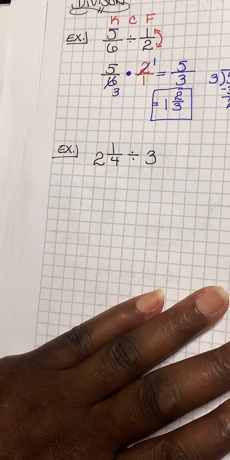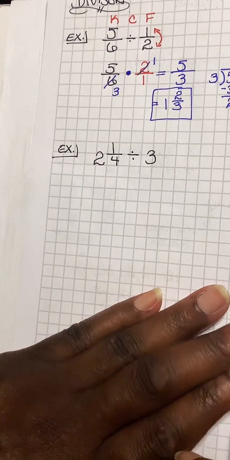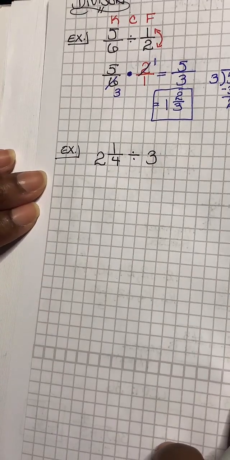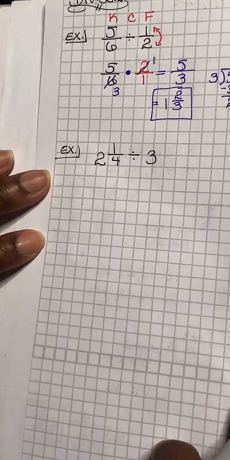Okay, 2 times 4 is 8, plus 1 is 9. Nana saying 3/4. Alice saying 3. We have 3/4. Queen saying 9/4 times 1/3. There you go. Just see if you can simplify, because you're right there, Queen.